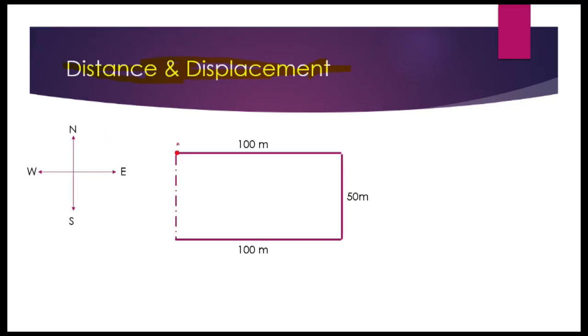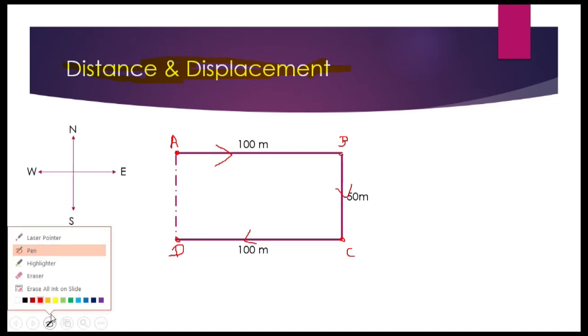So this object starts its travel from point A, travels 100 meters towards east and comes to point B, and after that from point B moves downward 50 meters towards south and comes to point C, and then 100 meters towards west and ends its travel at point D.